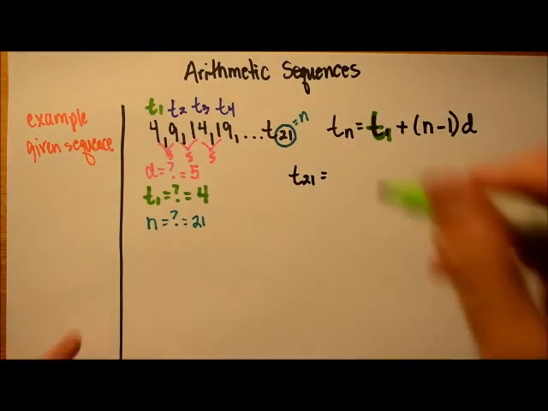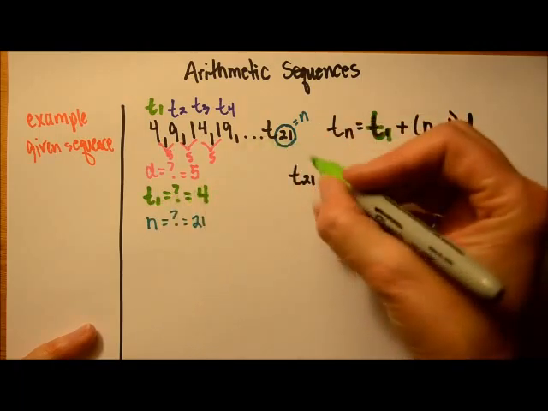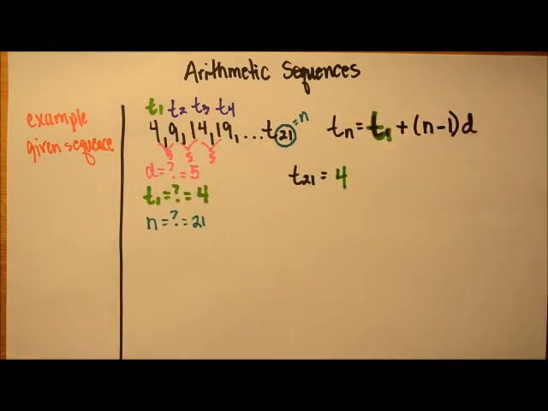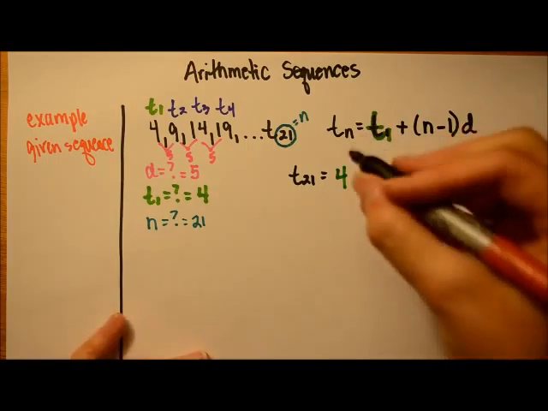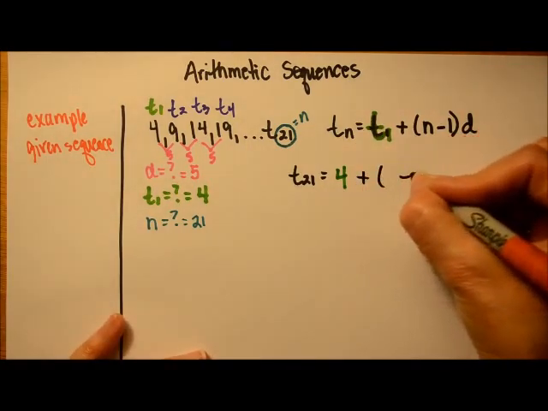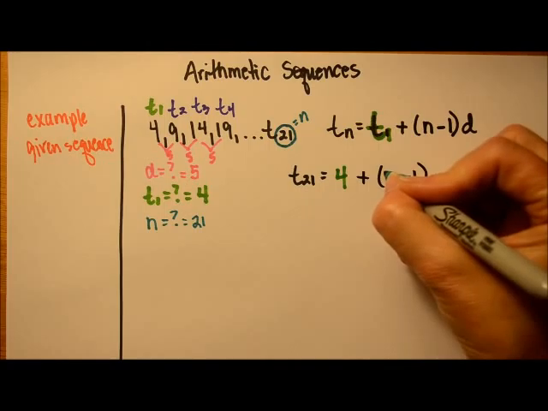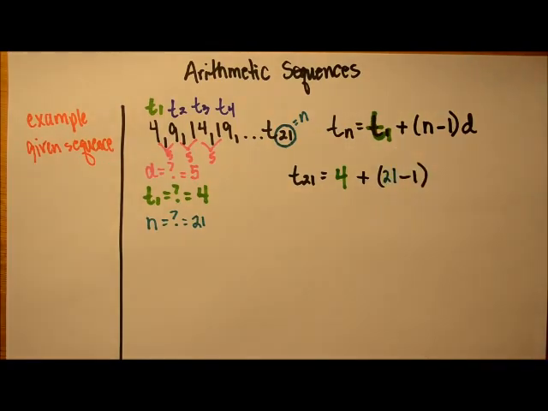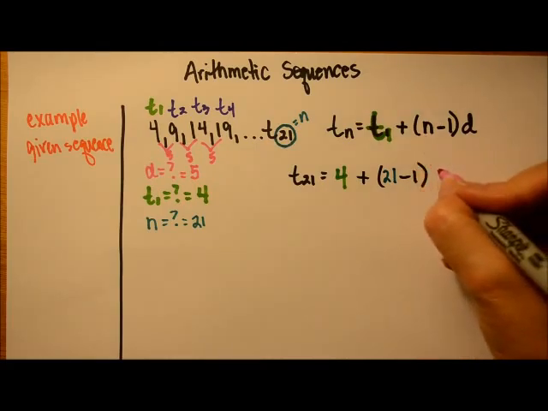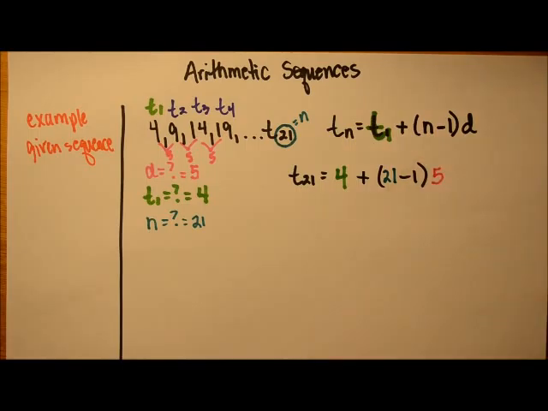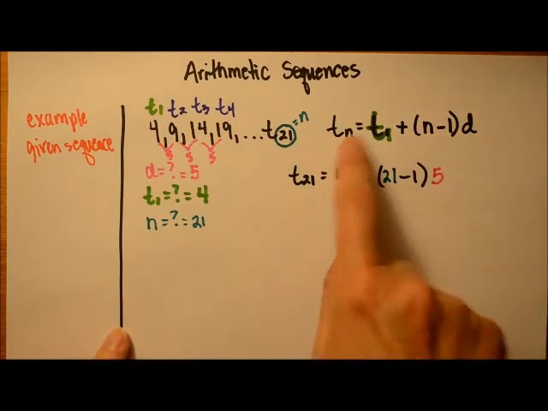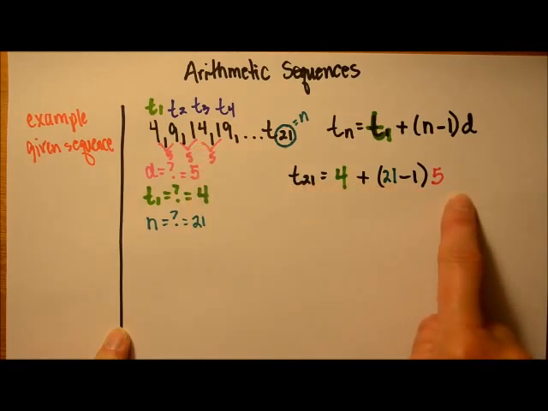I'm going to put in, it equals T1, which is 4, plus the quantity N, which I found is 21, times D, which is 5. So all I'm doing is finding them and substituting them in.